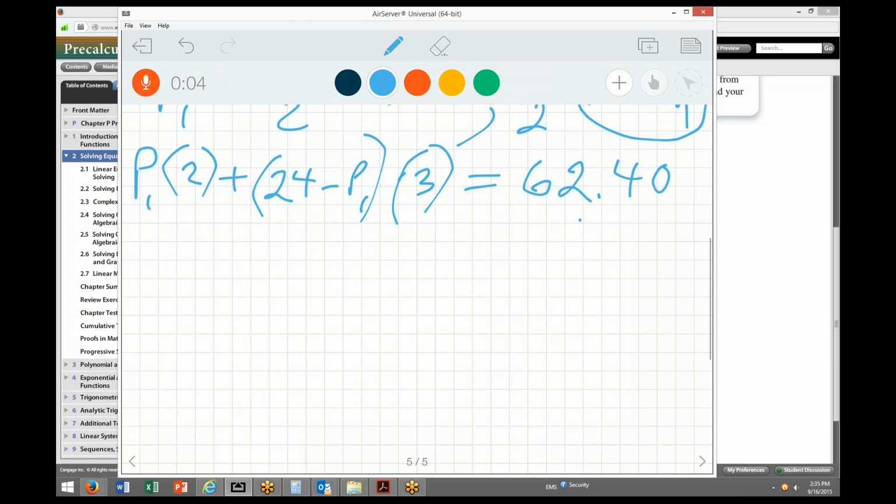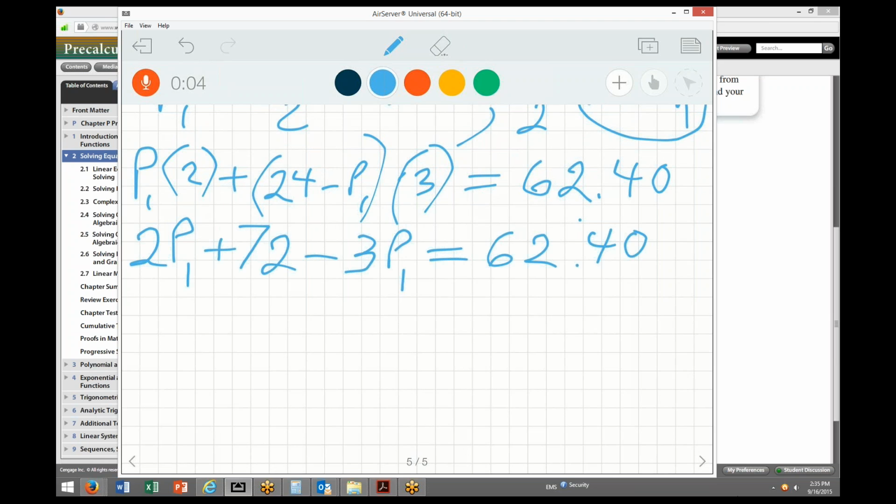We have 2 times P1 plus 24 times 3, so that's plus 72, minus P1 times 3, so that's minus 3 P1, is equal to 62.40. All right, well, 2P1 minus 3P1, jumping over the 72, is just negative P1.